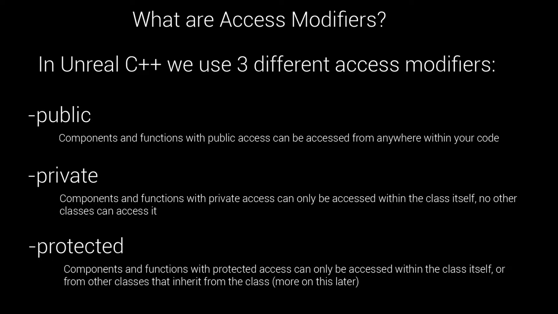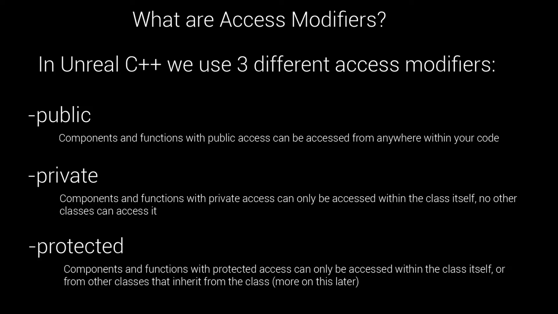So there are three types of access modifiers. I'm going to skim through this really fast and be as basic as possible. Basically we have public, which means that anything declared with the public access modifier can be accessed anywhere within our code. If we declare it with the private access modifier, it can only be accessed within the class itself, so no other classes can access the variable.